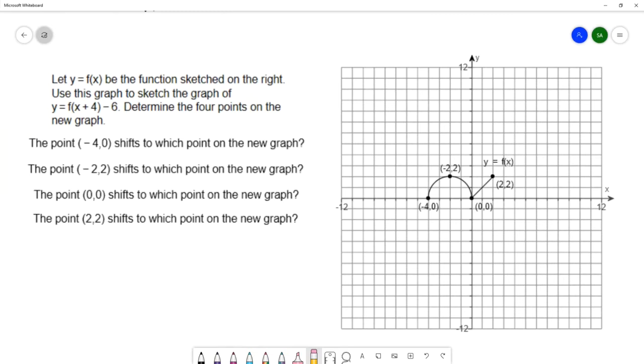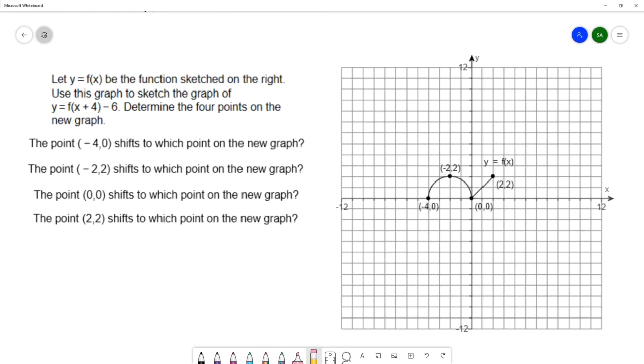And our goal is to graph this new function f of x plus 4 minus 6. And we've been given a few questions to help us sketch this new graph. If we look at our picture, we have some key points that have been labeled for us.